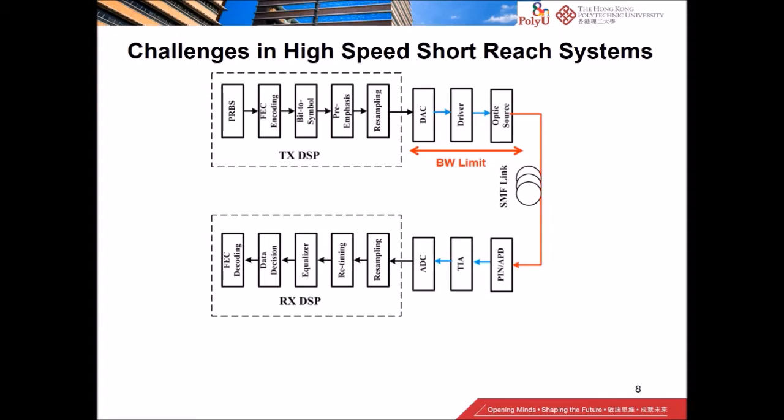One is the bandwidth of the transceiver components, and then dispersion, and of course also at the receiver you have bandwidth limits, and also some nonlinear effects. Now when we say nonlinear effects here, we don't mean the fiber nonlinearity, we mean the nonlinearity from the transceiver components like modulators and then the chirp and things like that.